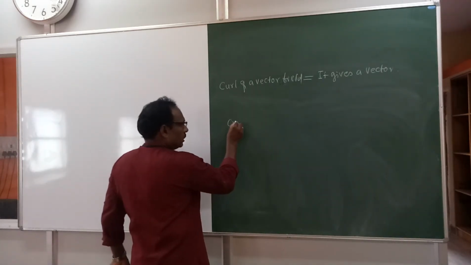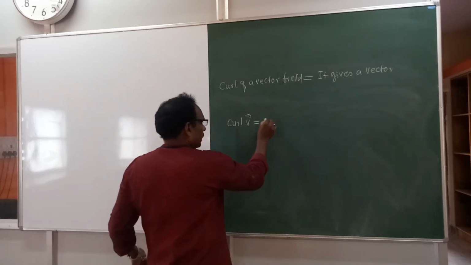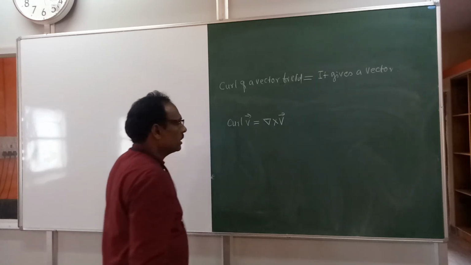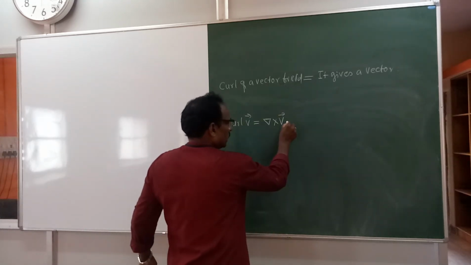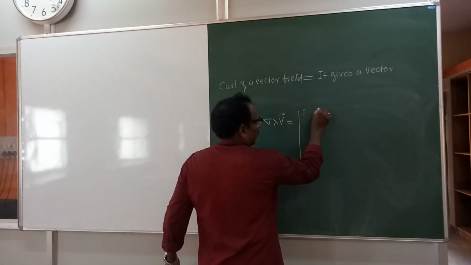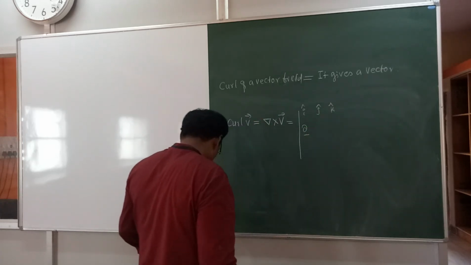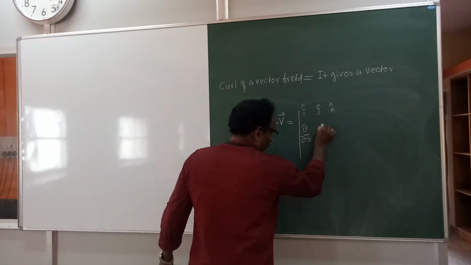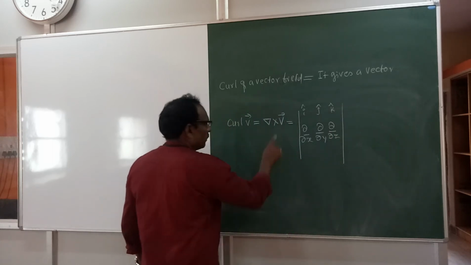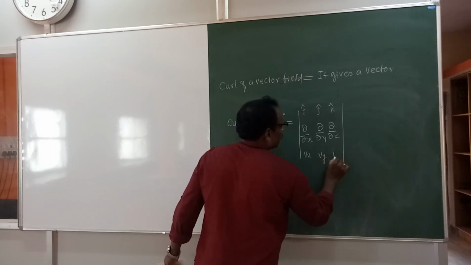Curl of a vector V is denoted as del cross V. Curl of V or del cross V. We can write this using matrix notation: i, j, k in the first row, dou by dou x, dou by dou y, dou by dou z in the second, and then Vx, Vy and Vz.